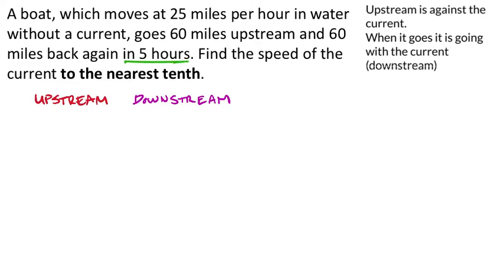So if you take your time for upstream and add it to your time downstream, this is the total trip time. There's a name for that, 3 T's together like that, but I don't know what it is and I don't care.